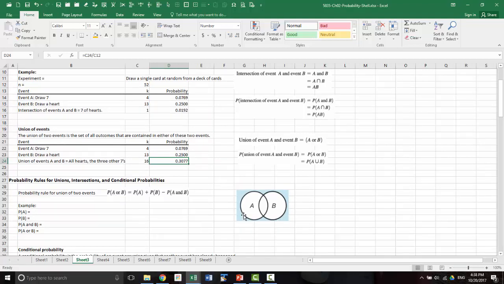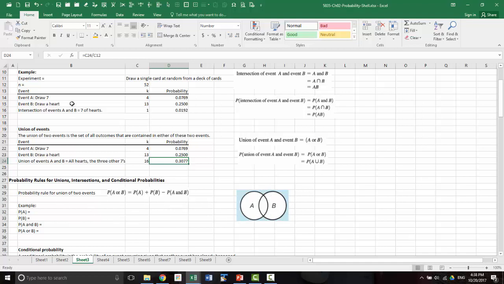When you take the probability of A and add the probability of B to it, this intersection part gets double counted, once with A and once again when we add B to it. So we have to take one of those two double counts out. So that's the probability rule.